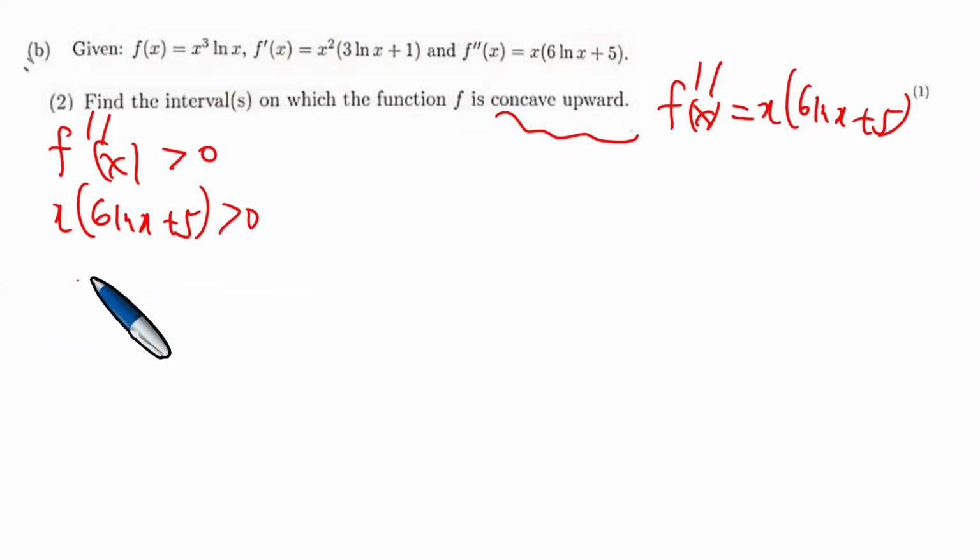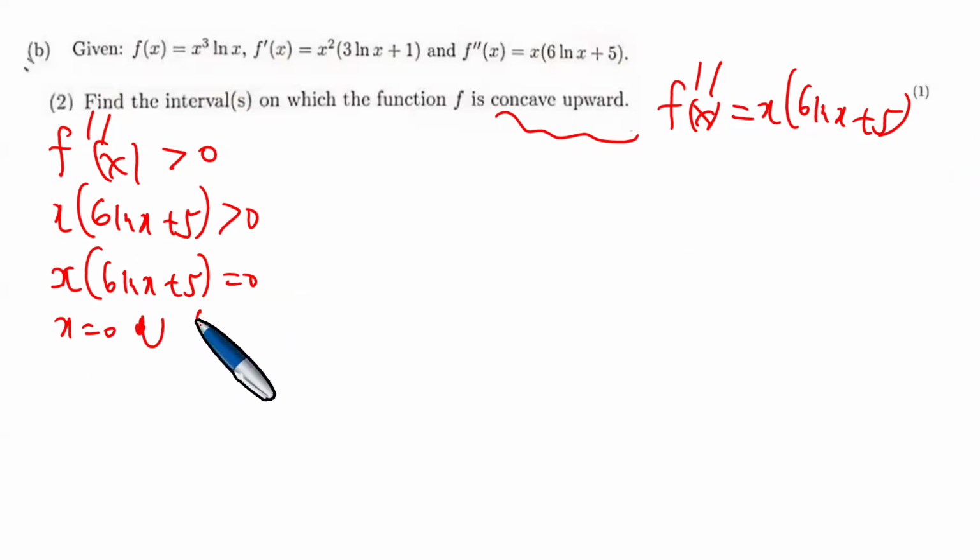Now whenever x(6 ln x plus 5) equals 0, it means x is 0 or 6 ln x plus 5 equals 0, which means 6 ln x equals minus 5, so ln x is minus 5 out of 6.